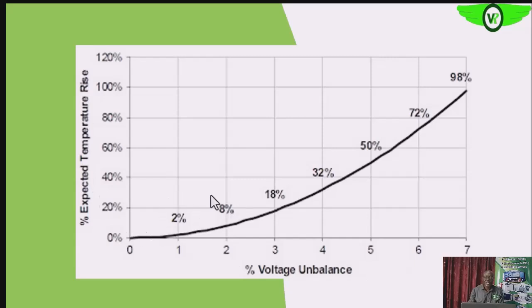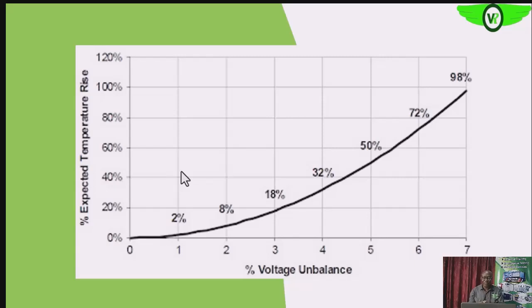So usually an unbalance of 1 percent can create a current unbalance of between 6 to 10%. You can imagine that. That will mean that the heat dissipated, the energy lost from the system in the form of heat, will increase by that amount, 6% to 10%. Are we getting it?